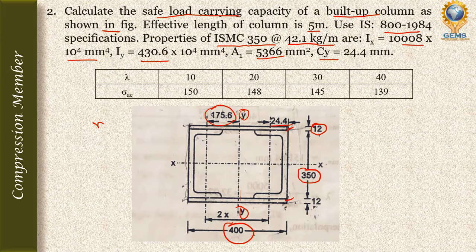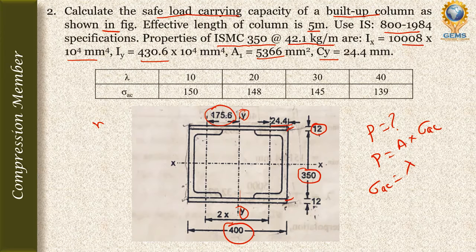So in this we have to find the P value. What is the safe load carrying capacity value we have to find? The formula for P is A into sigma AC. A is given in the question, so no problem at all. How can we find sigma AC? We have to find the lambda, and from the lambda we can find the sigma AC.